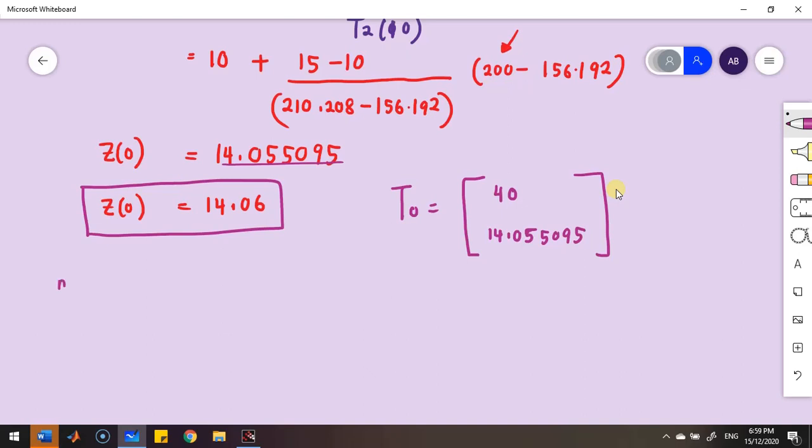Okay, so for n equals 1, we're continuing the same approach as just now. T1 equals T naught plus h f of x naught, T naught.